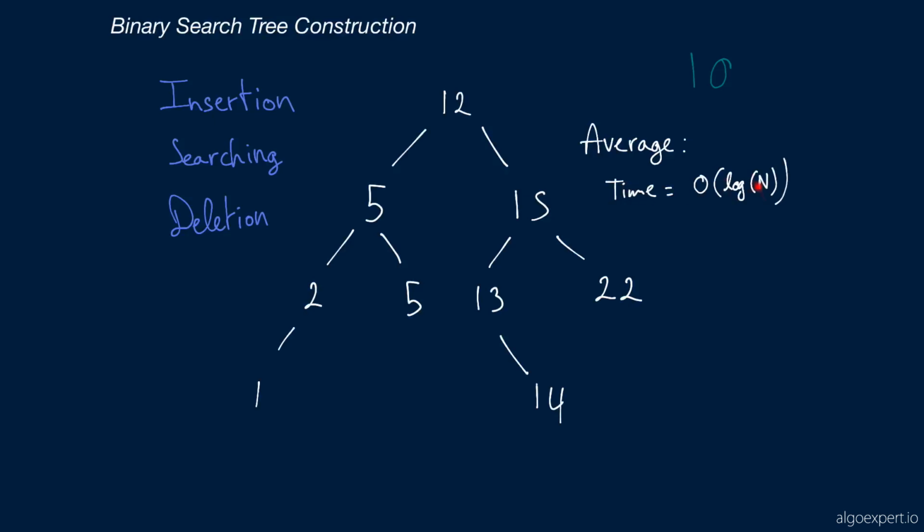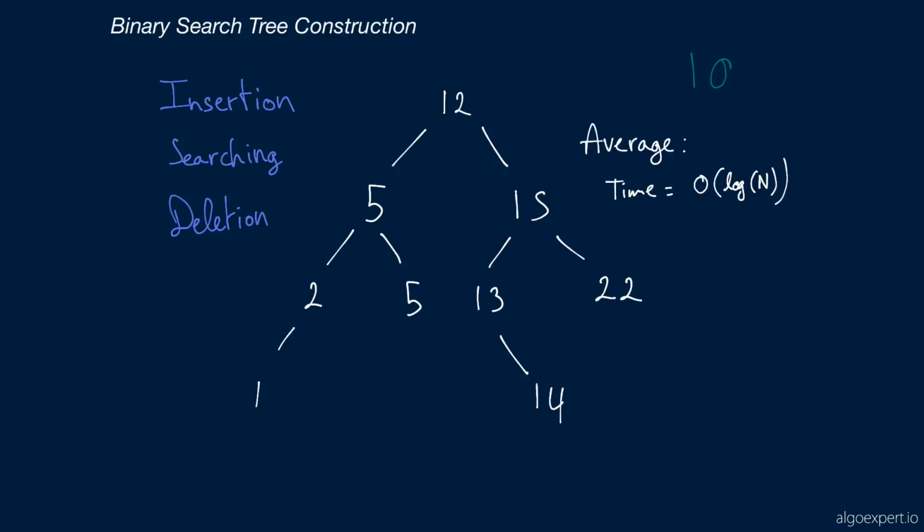And this time complexity is going to be the same for insertion, searching, and deletion. So all three are going to have O(log n) time, where n is the number of nodes in our BST.